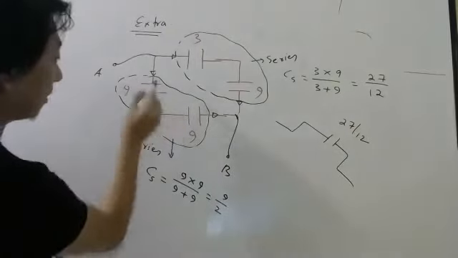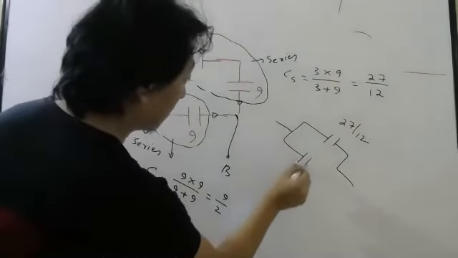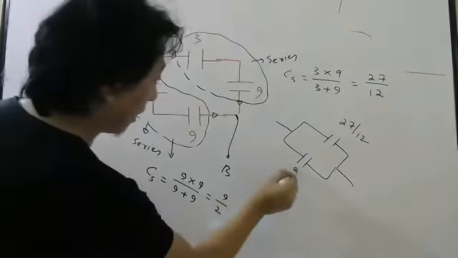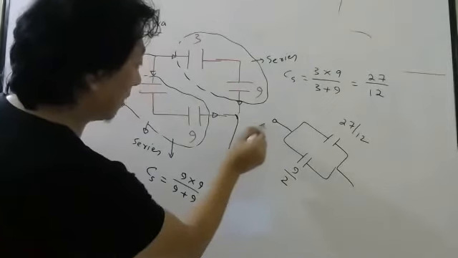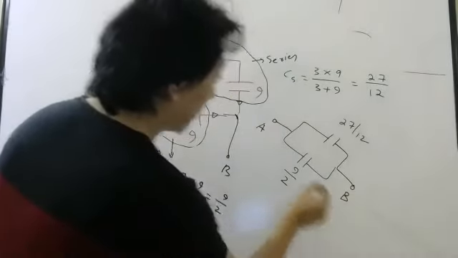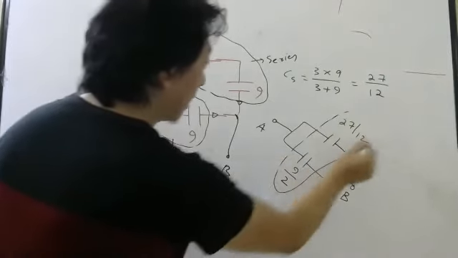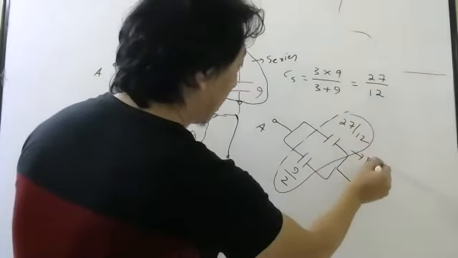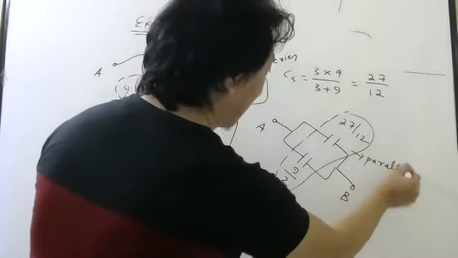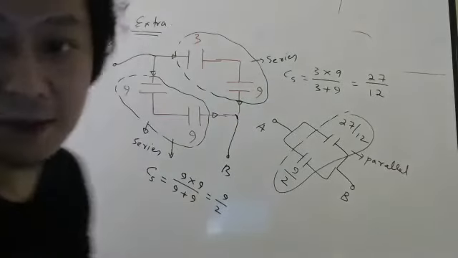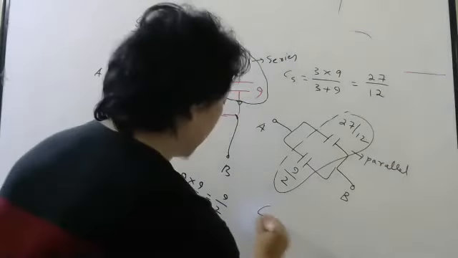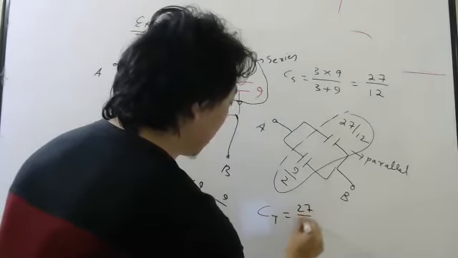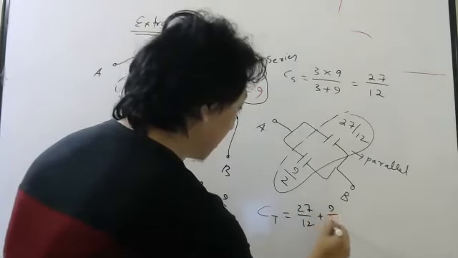Similarly, these two can be replaced by one capacitor, whose value is 9 by 2, between terminals A and B. Now you can see these two are in what? Parallel. Not parallel, Parallel is my friend's name. This is parallel. So total will be 27 by 12 plus 9 by 2.